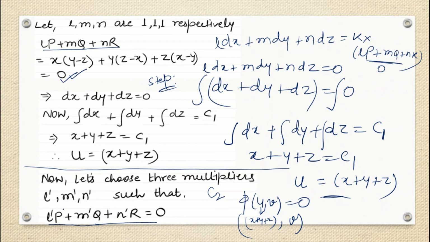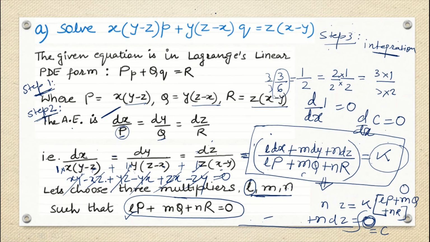Here we have to apply some trick so that it will be 0. Right now we had got 1 1 1. We can see that y minus z plus z minus x plus x minus y all together will give me 0.